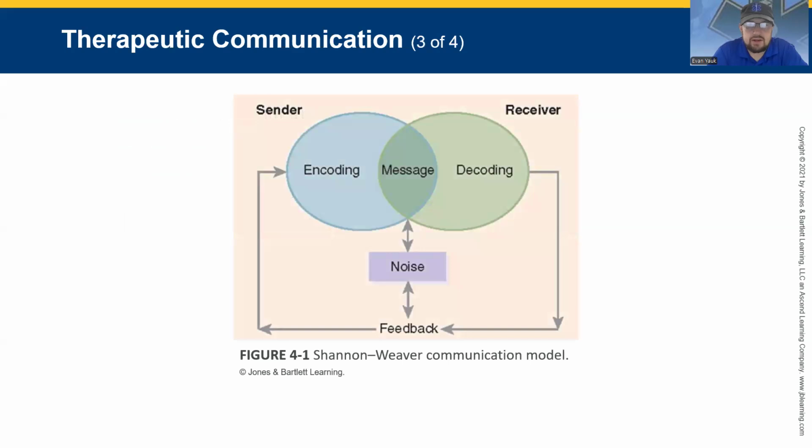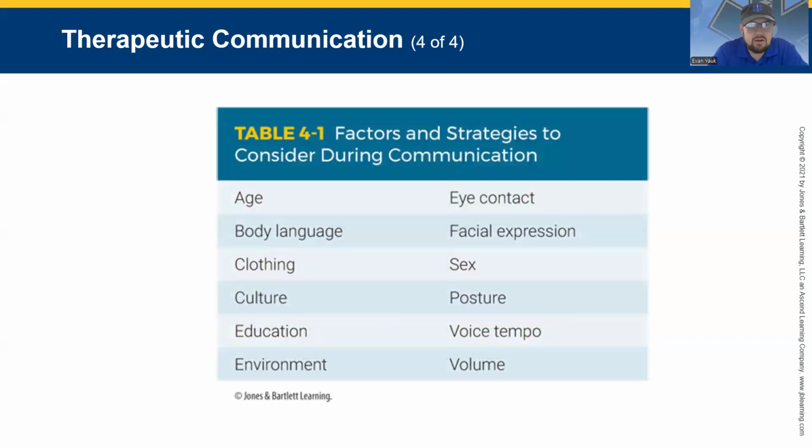So here's a diagram that explains it and breaks down the process. I don't want to say you don't need to know this, but you talk to someone, you send it as a message, it gets decoded, the person hears it, they respond, and it comes back to you.